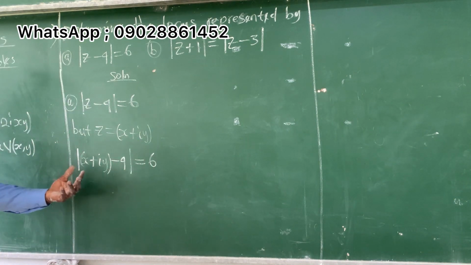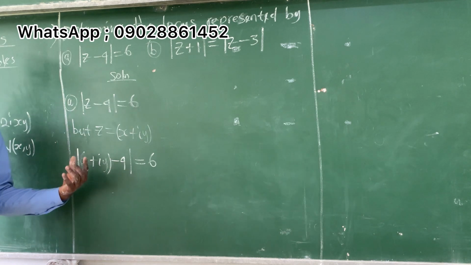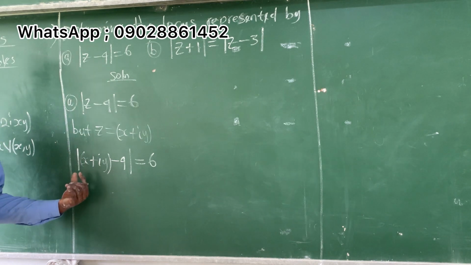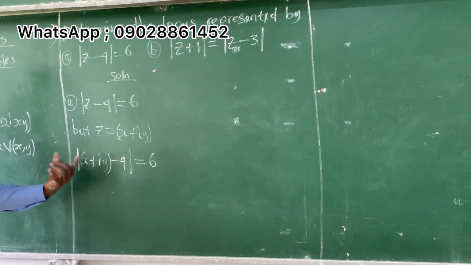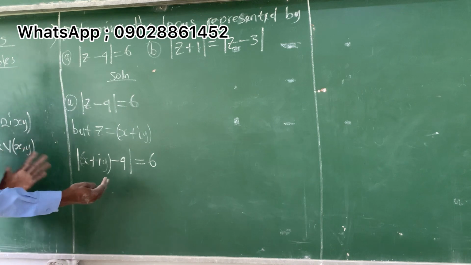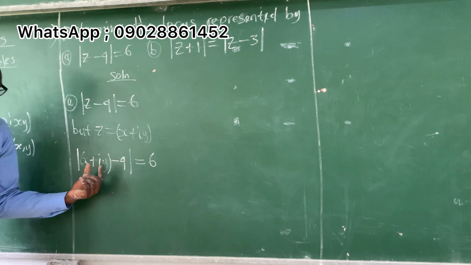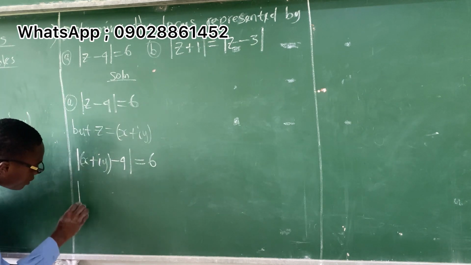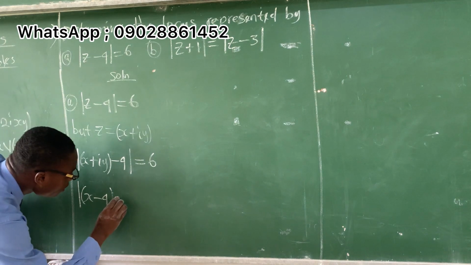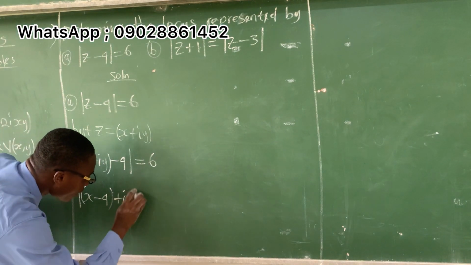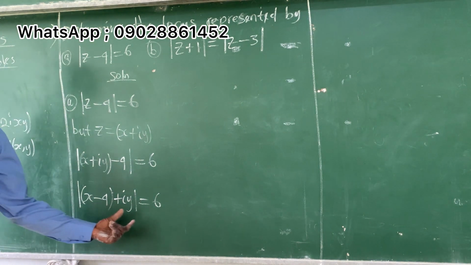And to simplify any given magnitude, you simply take the square root of the sum of squares. Before we take the magnitude, let's first separate the real part from the imaginary part. So we are going to have the magnitude of (x minus 4) plus iy equals 6.